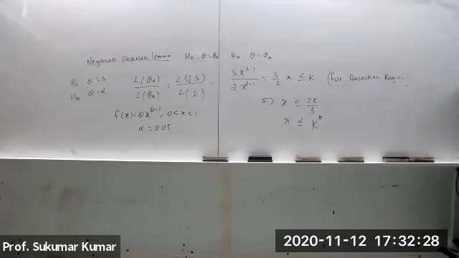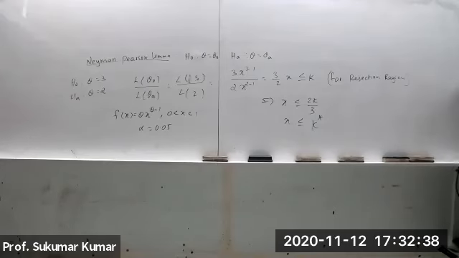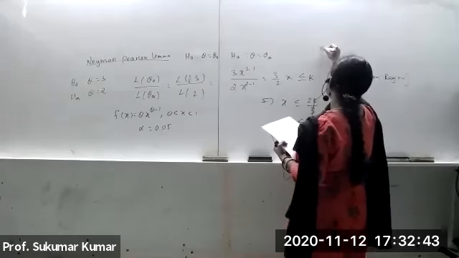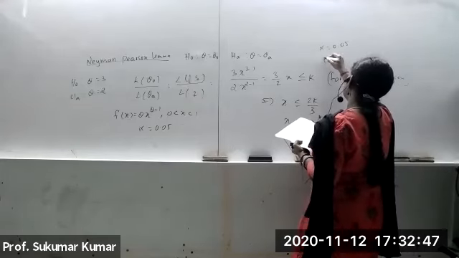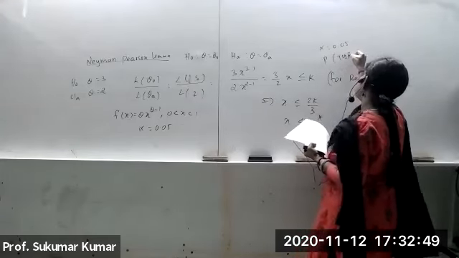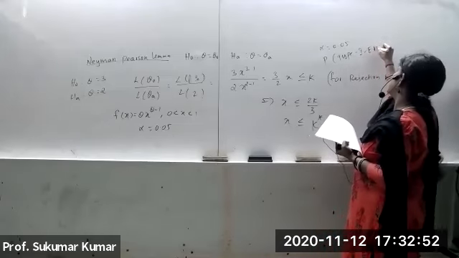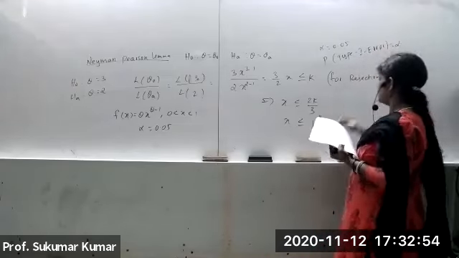Ma'am, have they given the alpha value here? So we can find k star using the Type 1 error. Probability of x less than or equal to k star, given H naught such that theta is equal to 3, equal to 0.05. Since alpha equal to 0.05, this is nothing but type 1 error equal to alpha.